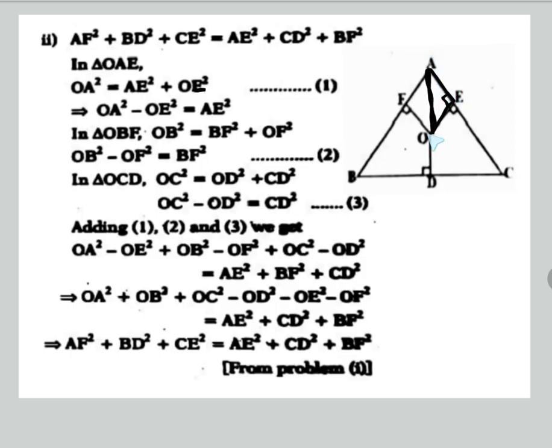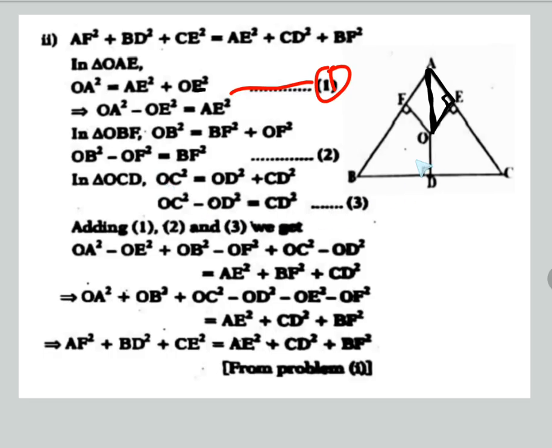OA is the hypotenuse and the other two sides are OE and AE. OA square is equal to AE square plus OE square. This is number 1. And the same, OA square minus OE square is equal to AE square.